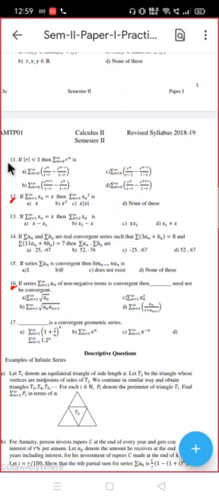What about question number 11? Can somebody tell me what is the answer? Option D. Okay. Anyone else?